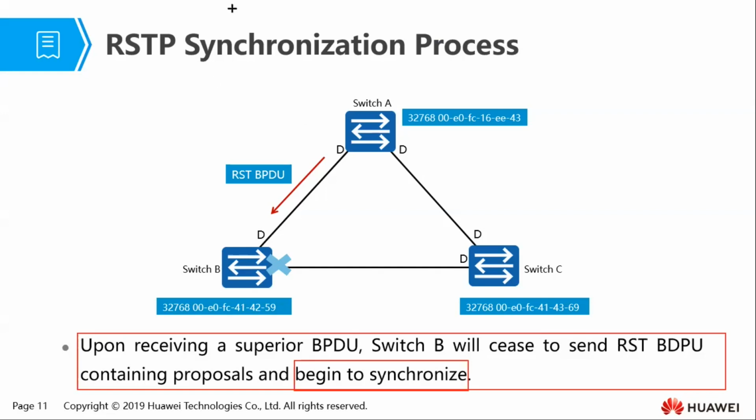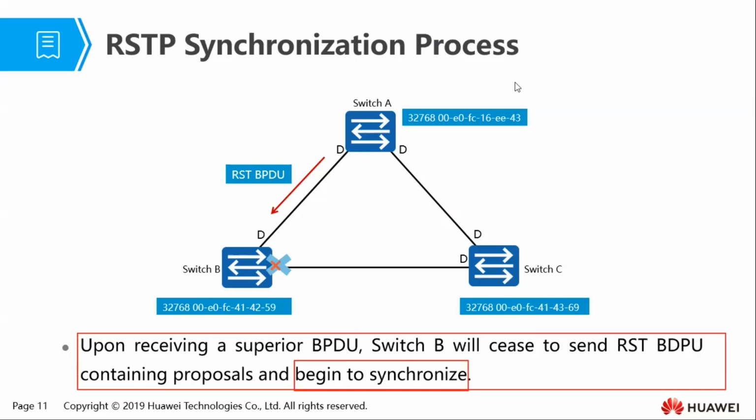So we've received a superior BPDU from switch A. So what we do is that all the downstream ports, we set them to a discarding state. So those are designated ports.